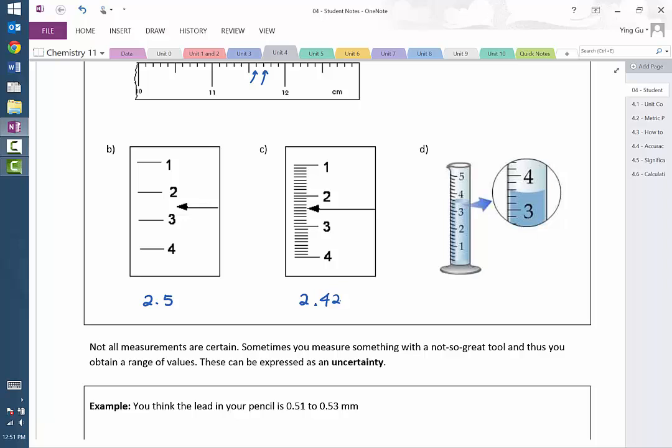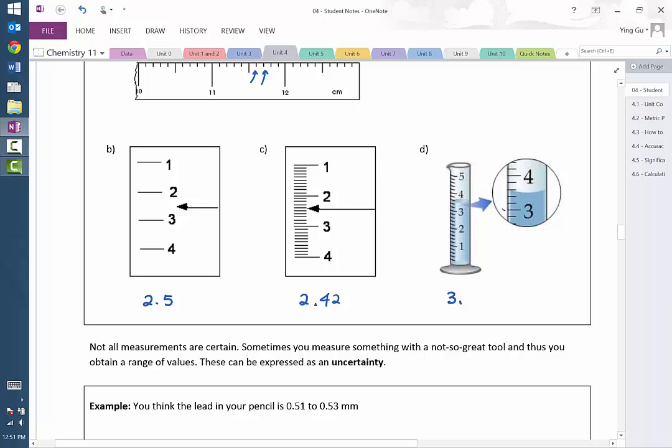This is a volume. Remember that we always read the meniscus. The meniscus is the very, very bottom of that curve. This particular graduated cylinder has an inverted scale, 1 on the bottom, 5 on the top. Which is actually like the regular scale, not really inverted. It's just upside down because you're not used to seeing things going upside down. This particular one is going to be 3 point. Now, each of those little lines is going to be 0.2, right?